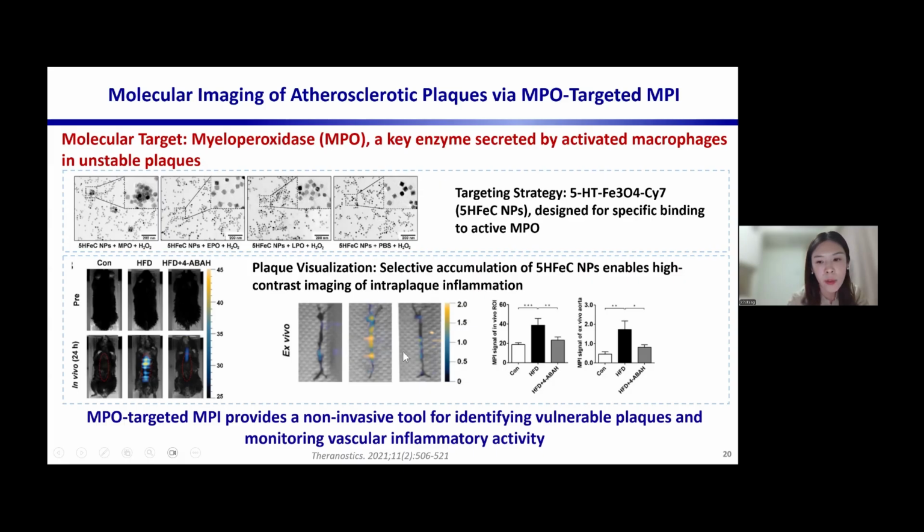By quantifying the signal intensity, we can also evaluate the inflammatory status of the plaque, which directly reflects its vulnerability. We believe this work also established a robust imaging method for in vivo assessment of plaque inflammation.